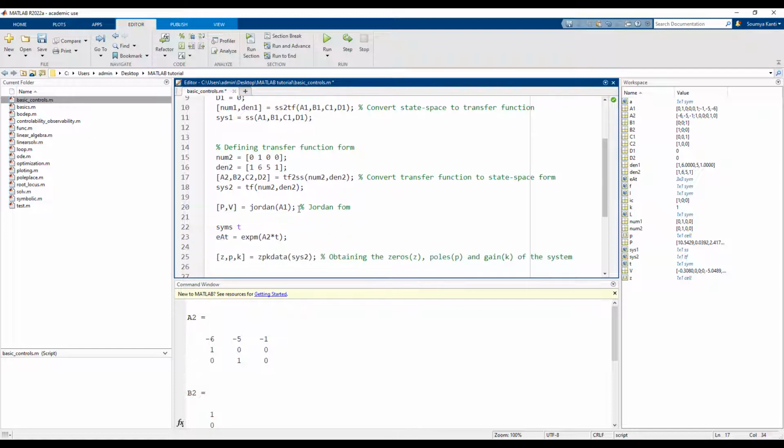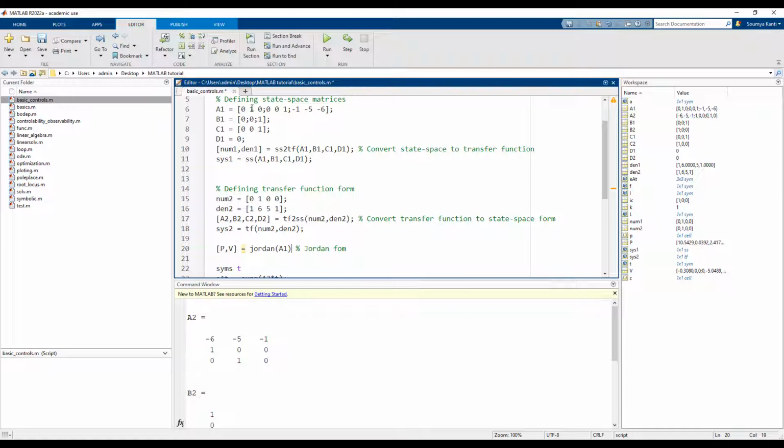So sometimes you need to have the Jordan form of a matrix. Suppose I was given this A1 matrix, but I want the Jordan form of it, and I want the eigenvectors of that also. So this is the Jordan form. This is the diagonal form, and this is the P matrix which we have seen.